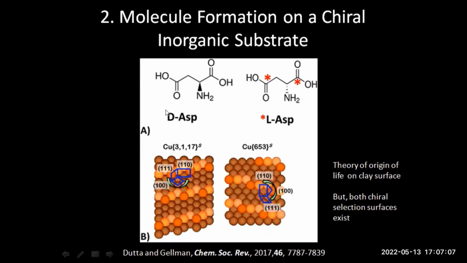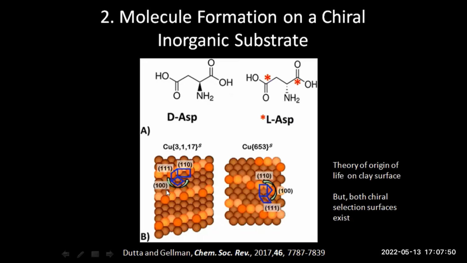So if life started on the clay surface, then because of the particular affinity of that surface to the different right or left-handed amino acids, let's say the right-handed amino acids would be less attracted to the surface, so they would wash away, and the left-handed amino acids would stay on the surface because they have a little higher interaction energy with the surface, and therefore would stay around, and they would be incorporated into a future life.